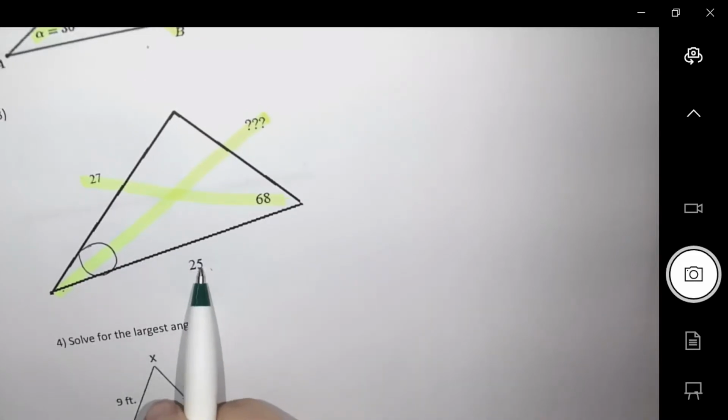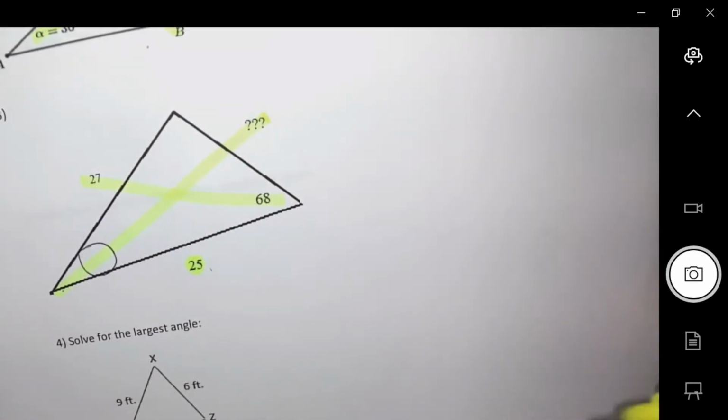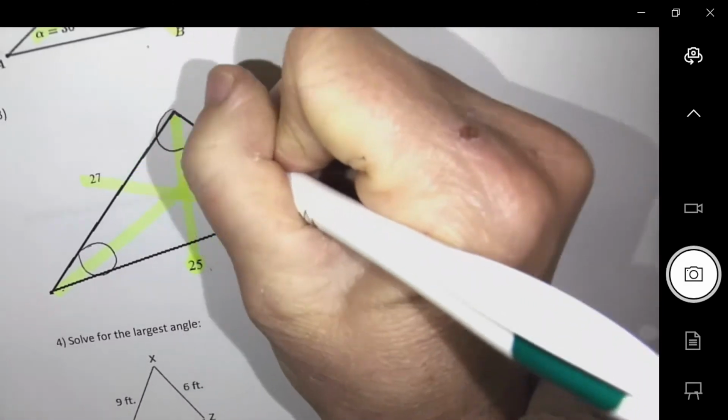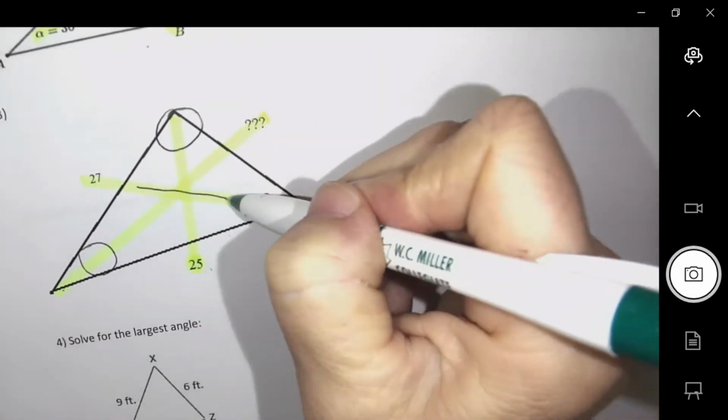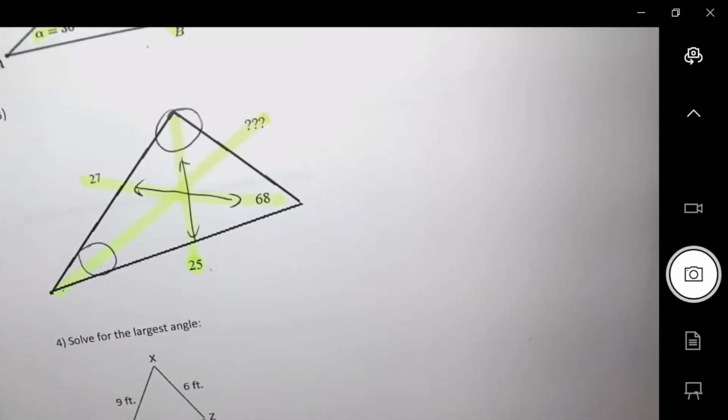I have this 25 down there. So what's the 25 going to help me with? 25 will help me to get the top angle. Okay? So let's do that and then see where to go. So I'm going to go these 2 pairs first. I'm going to get that top angle.